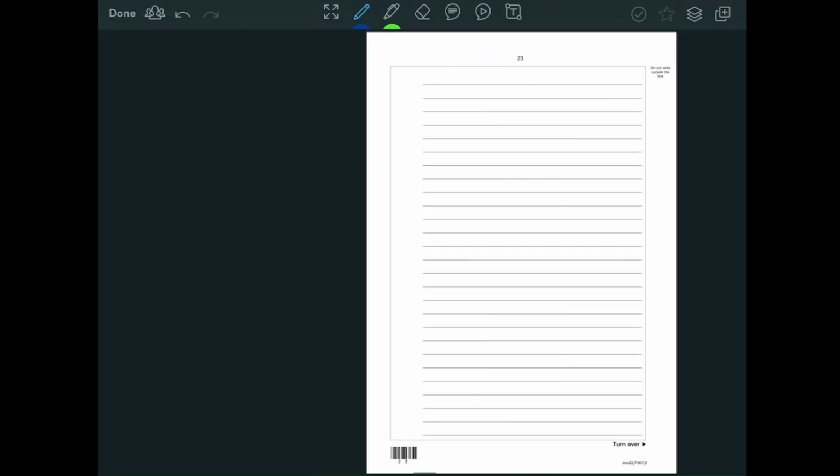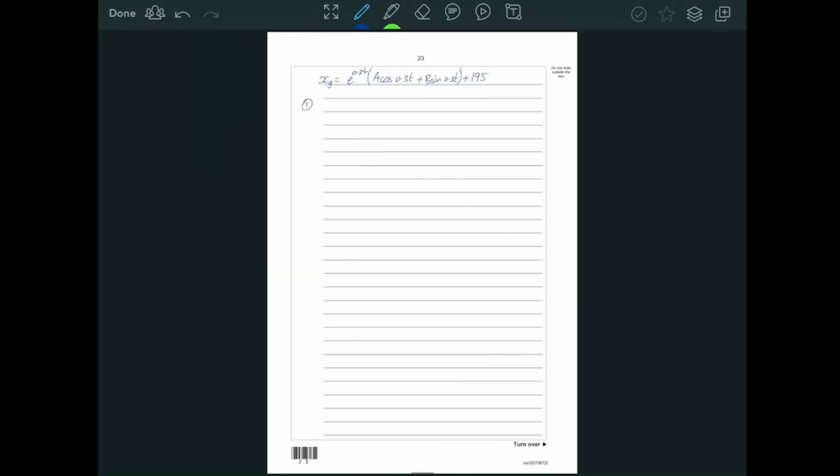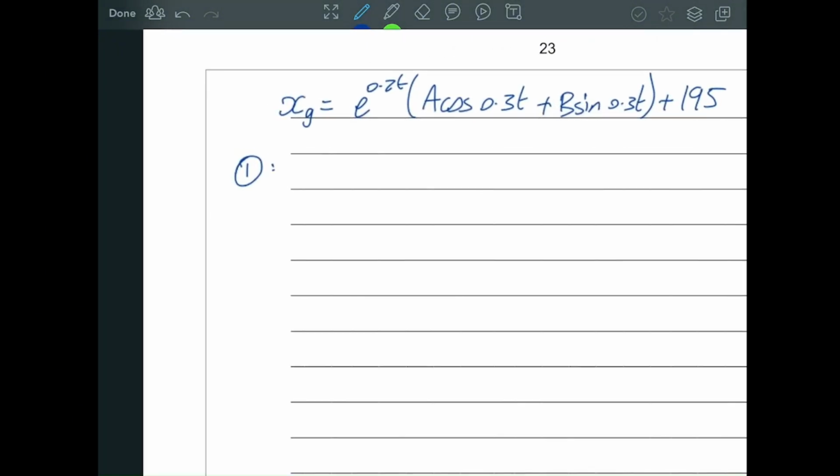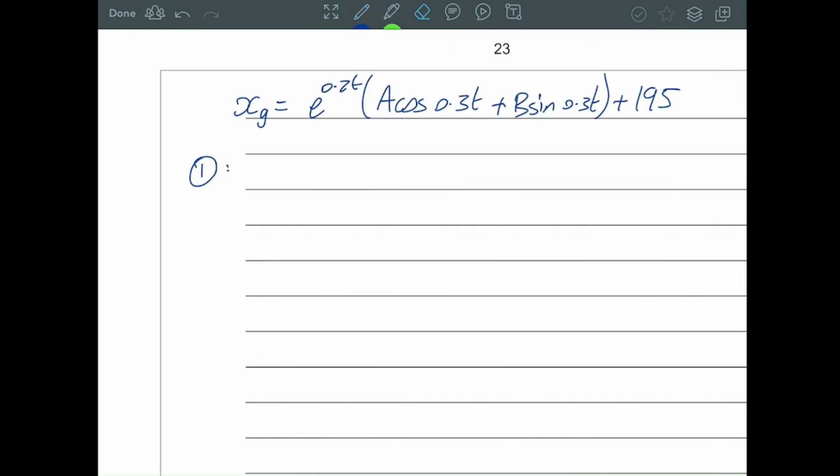So I'm going to use equation 1. I should differentiate it first because I'm going to need the derivative of this. So my x dot is going to be e to the 0.2t times the derivative in here, negative, plus 0.3b cos 0.3t.